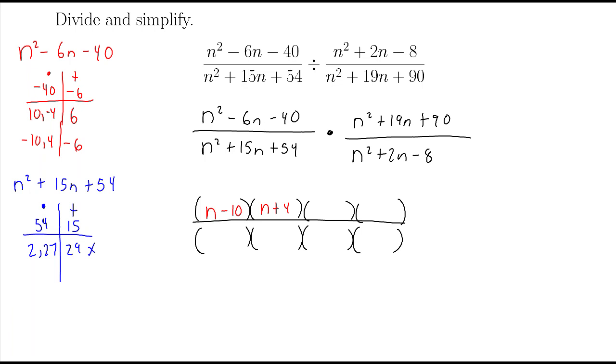We could do 6 and 9. 6 times 9 is 54. Those add up to 15. So we're going to have n plus 6 and n plus 9.